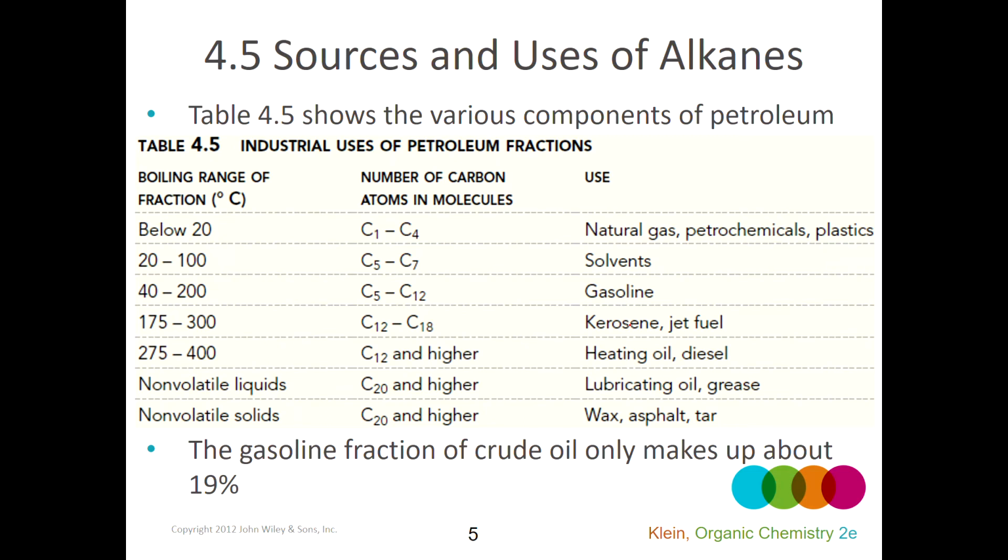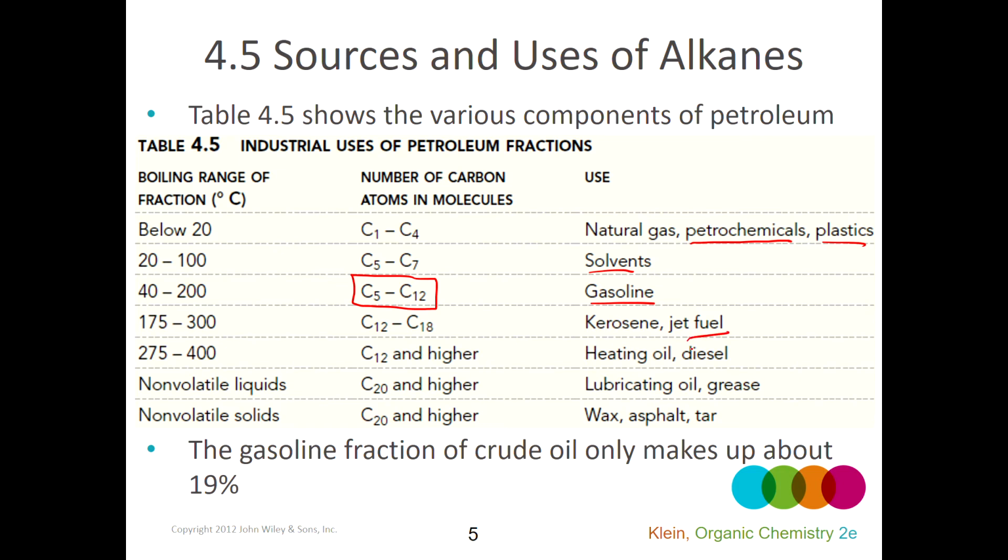So here's a breakdown of some of the uses for the hydrocarbons depending on how many carbons are in the chains. Shorter chains are used as solvents or as precursors for chemical reactions. The ones in this range are typically used for gasoline.